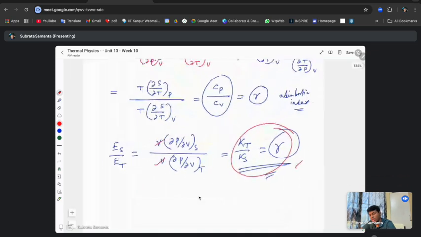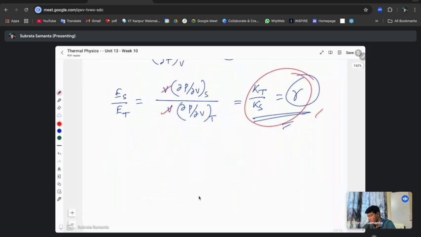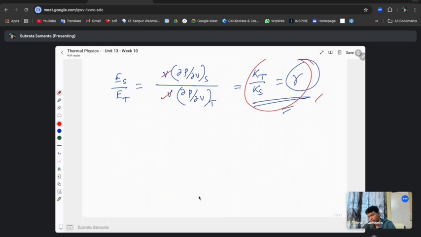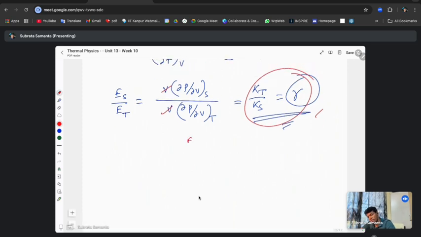Therefore, ES over ET is the adiabatic elasticity over the isothermal elasticity, where ES is the adiabatic elasticity and ET is the isothermal elasticity.